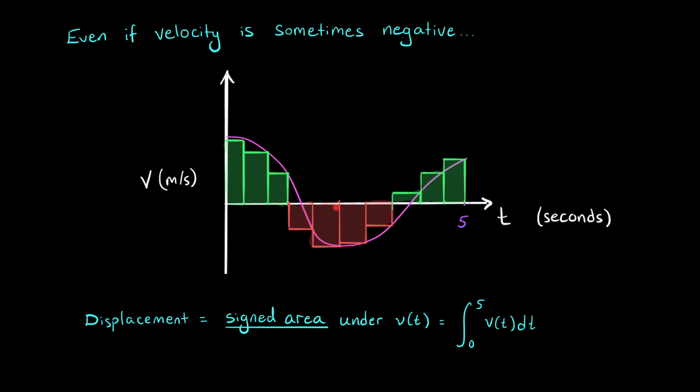Here, the rectangles will have a negative area since we're using a negative velocity to represent the rectangle's height. Thus, I suppose it would be a bit more correct to say that the displacement is not the area under the velocity curve, but rather the signed area under the velocity curve, with any area below the horizontal axis counting as negative area.